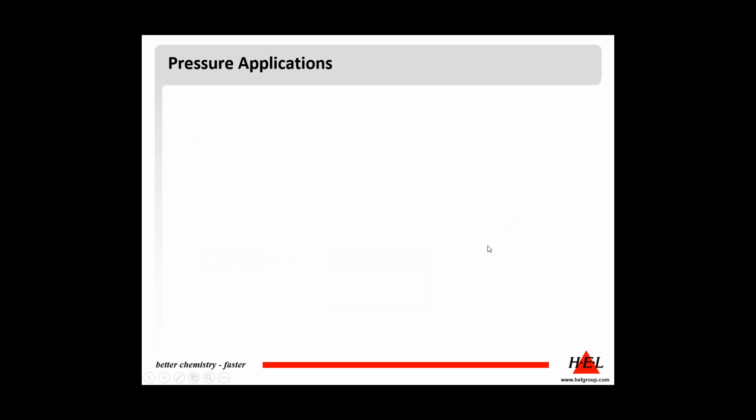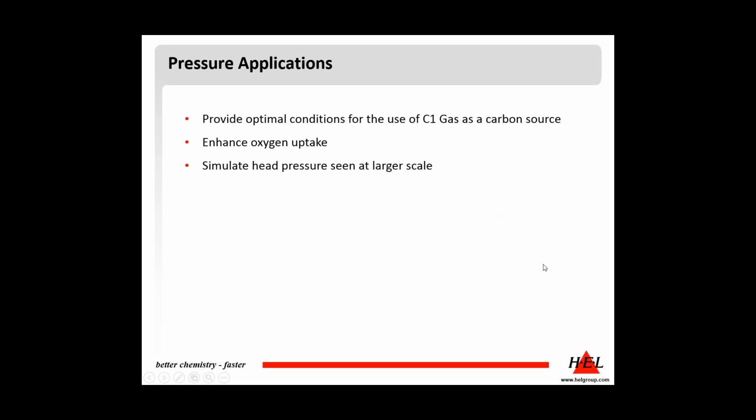Now we'll come to pressure applications, which we found to be particularly advantageous with gas fermentation methods. They provide optimal conditions for the use of C1 gas as a carbon source. They also enhance oxygen uptake, and they can simulate head pressure seen at larger scale, and they can also simulate natural high pressure conditions, and indeed we've installed systems used for marine organisms where they're experiencing high pressures at ocean depths.